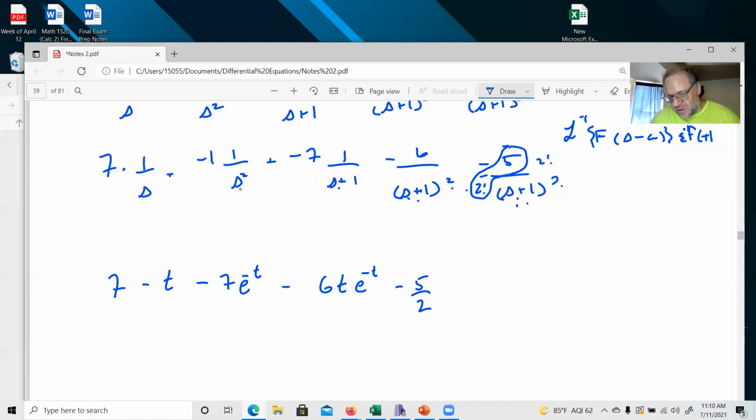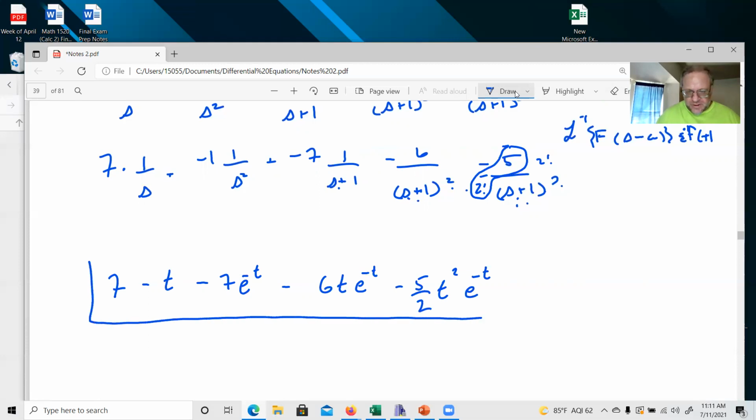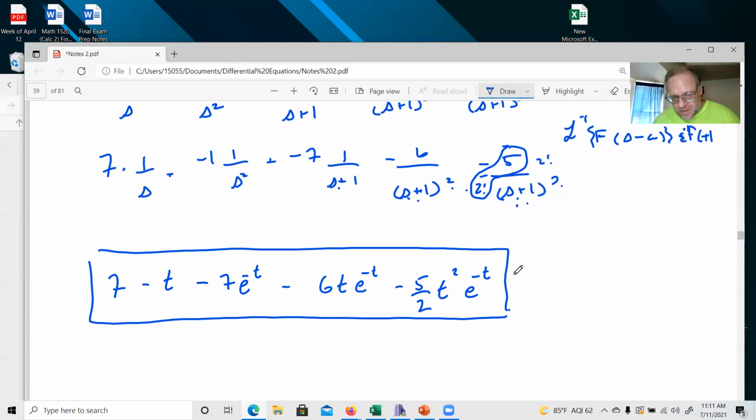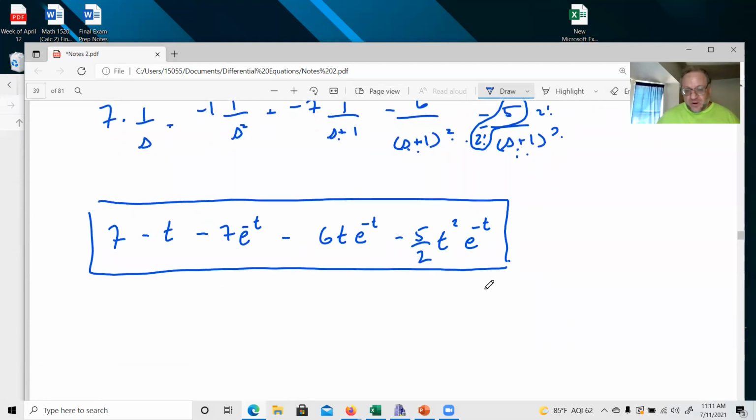And then we have 2 factorial over s plus 1 cubed. So that's going to be t squared e to the negative t. Right? And there is our answer for that. Okay, so that's how you do those.